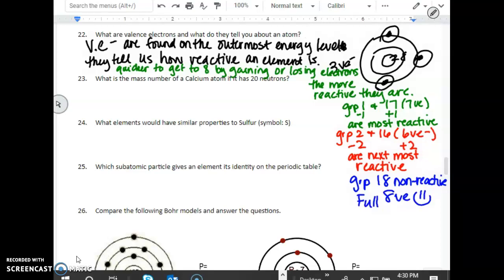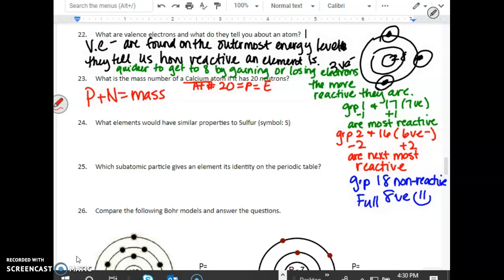Okay, number 23. What is the mass number for a calcium atom if it has 20 electrons? Well, we know that protons plus neutrons equals mass. So if I look on the periodic table, I can see that my atomic number for calcium is 20. So I also know that it equals my protons and my electrons.